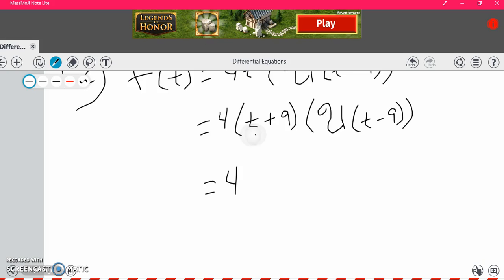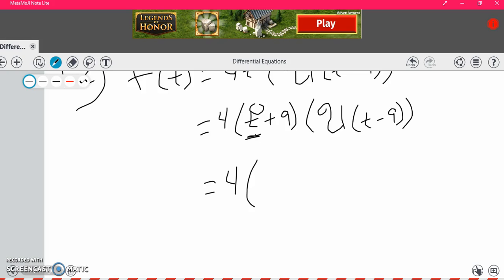If we look at just the t first, the Laplace transform of t is 1 over s squared, because if you use t to the n, it's n factorial over s to the n plus 1.